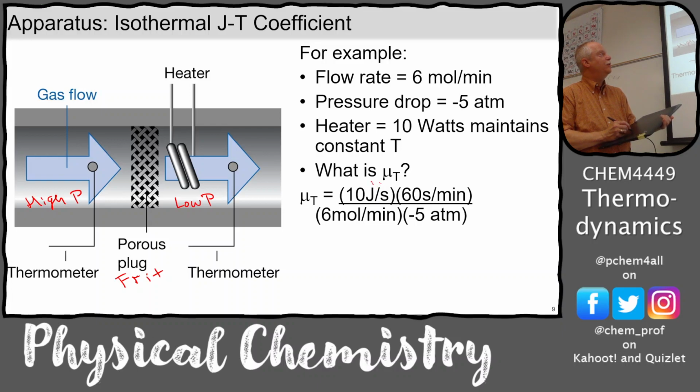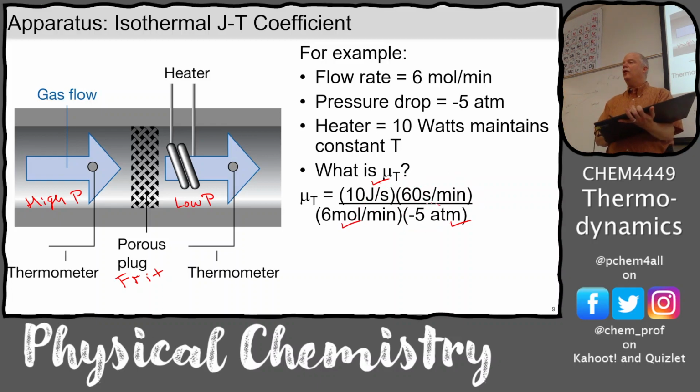So this is the unit we want, joules per mole per atmosphere. And so we use that to determine where we put all the numbers in the problem. So we had 10 watts, so that's joules per second. We had a flow rate of moles per minute, and so we just needed to cancel those units. So 60 seconds per minute. And now we've got our isothermal Joule-Thompson coefficient.